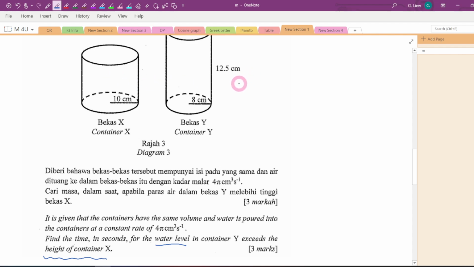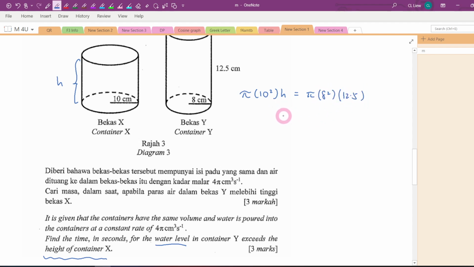Since the question tells us that both of them have the same volume, so how do we find the volume of a cylinder? Pi r square times height, right? I don't know the height. I want to find the height first. They have the same volume, so it's actually equal to pi r square times height.